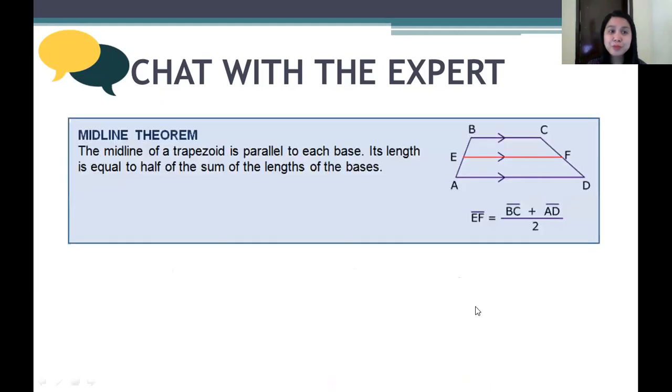Now, how do we prove the midline theorem? The midline theorem states that the length of the midline is equal to half the sum of the lengths of the bases.